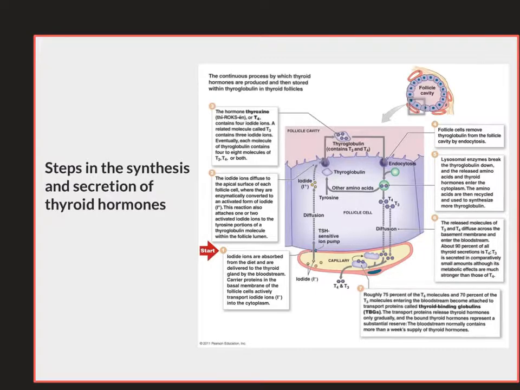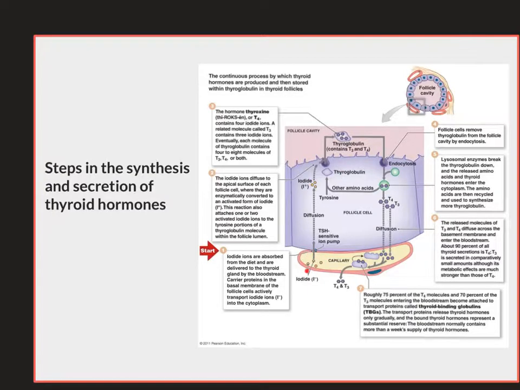Let's talk about the synthesis and secretion of T3 and T4 using this figure to follow along. The first thing that happens here is that thyroid follicular cells are going to trap iodide ions by actively transporting them from the blood into the cytosol of the cells. The other thing that's happening within these follicular cells is that they are synthesizing thyroglobulin. Thyroglobulin is secreted into the lumen of the follicle.